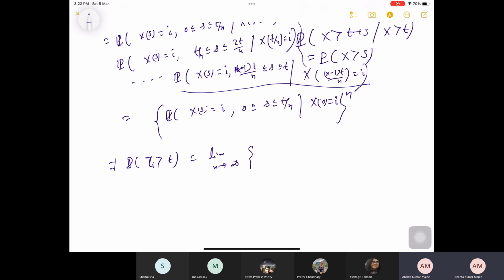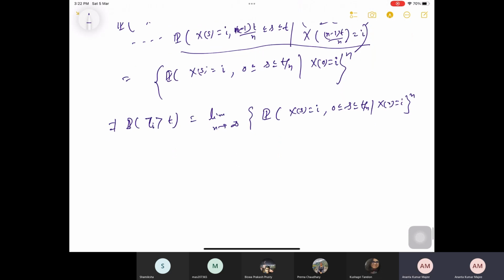Because the right hand side is independent of my n, I can take the limit as n goes to infinity of the probability that x of s is equal to i for s less than or equal to t by n given x of 0 is equal to i, all to the power n.